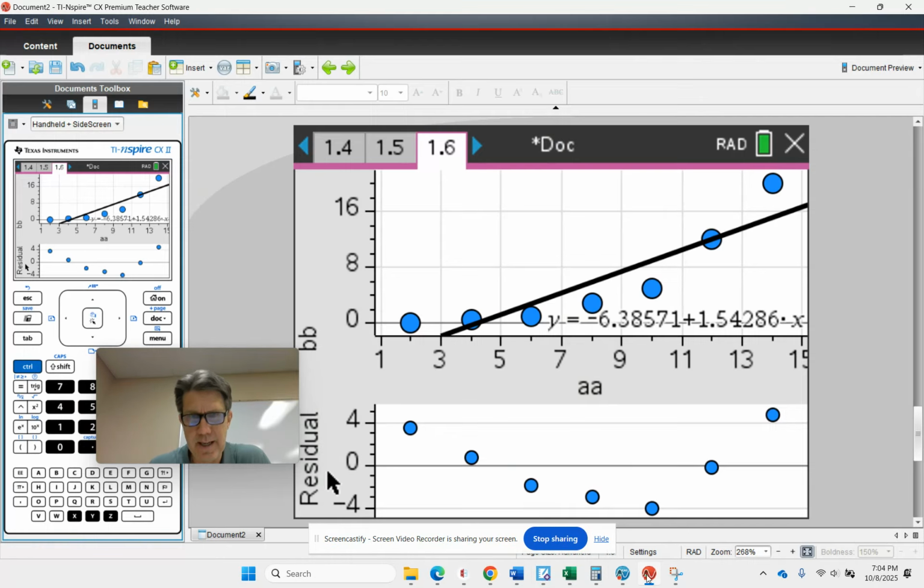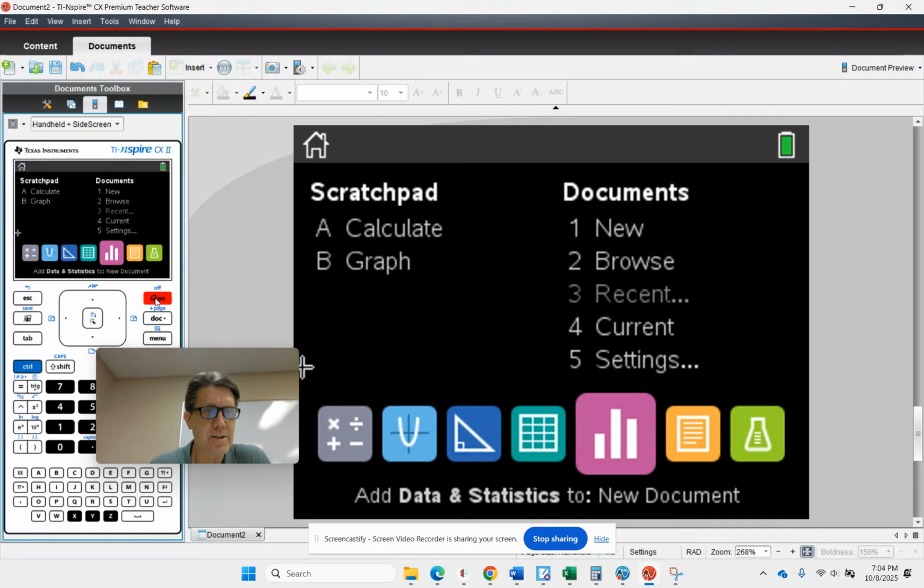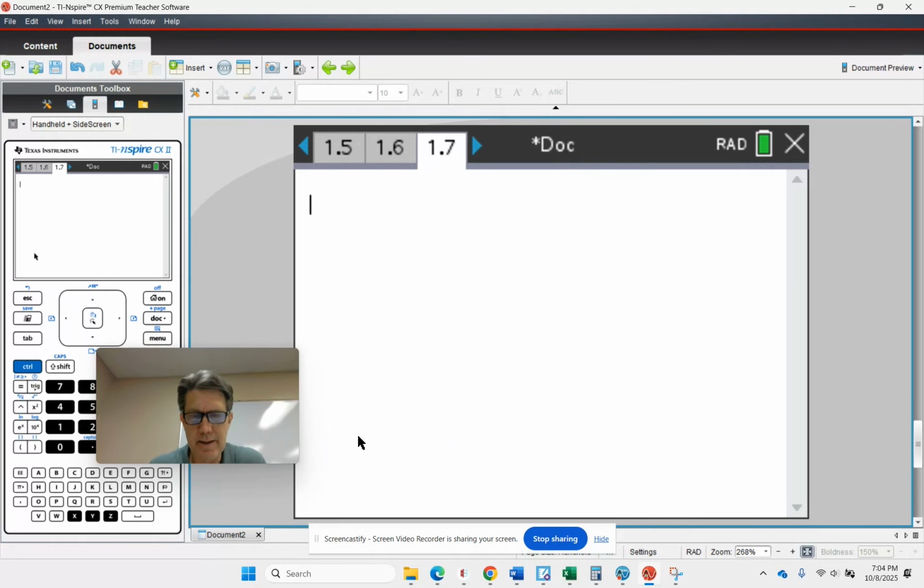Now, whether you're using the calculator or the Inspire, let's grab a calculator here. It just wants to give a negative. Why does it want to do that? Negative 222.